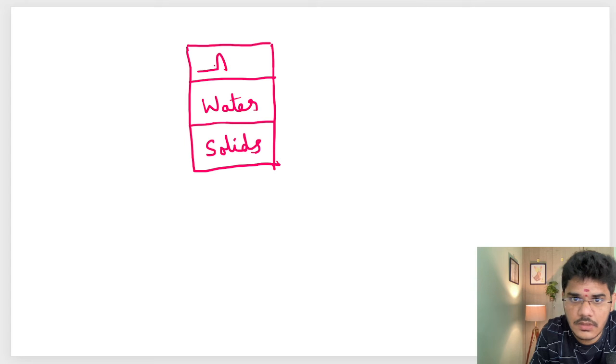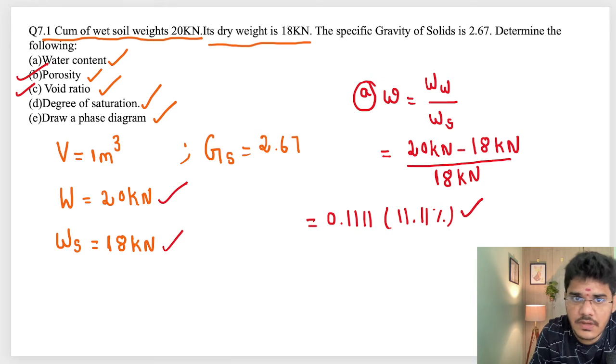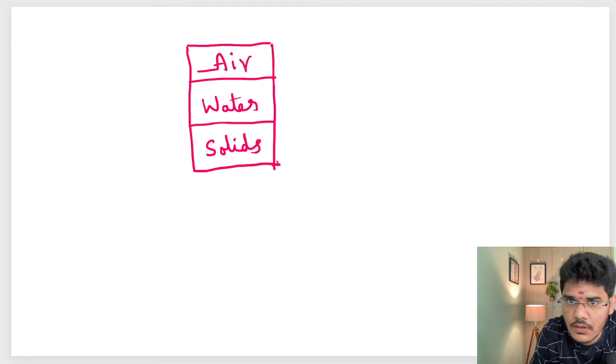This is nothing but air. Solids, air, water. So according to the given data, total weight he has given. Weight of wet soil means total weight he has given, that we can represent here as total weight. This total weight is equal to 20 kilonewton.